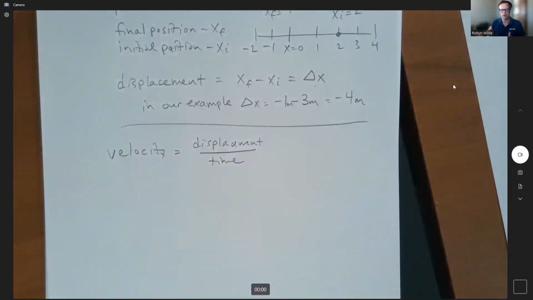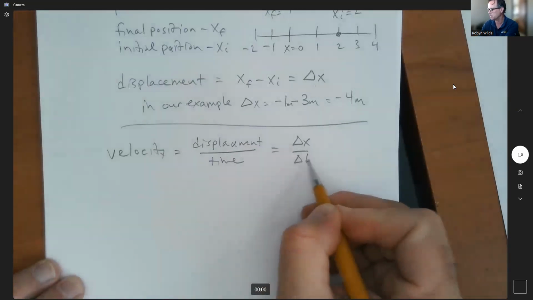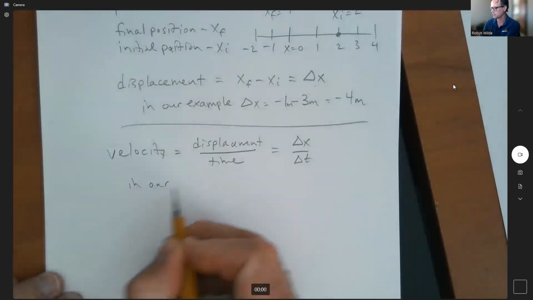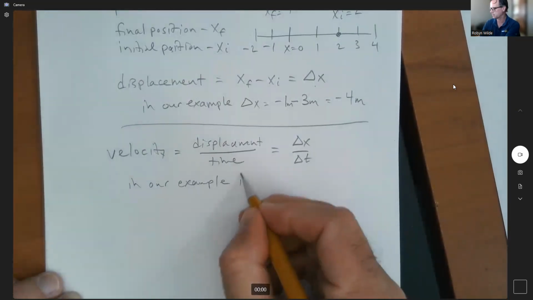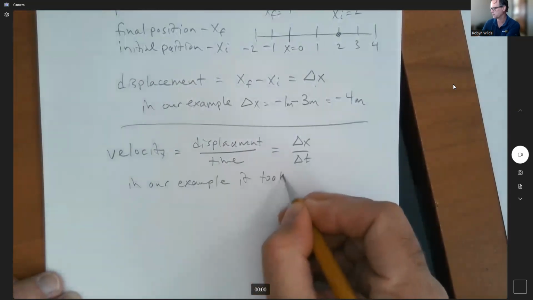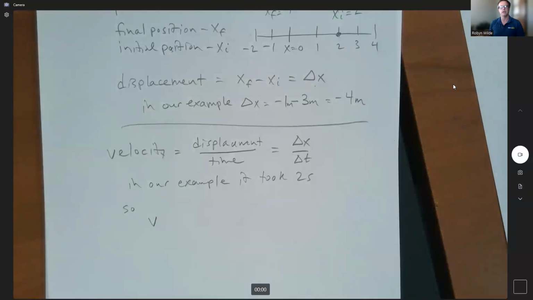And in our notation, I could use delta x over delta t. Right? So let's just say that in our example, it took us maybe 2 seconds to make that -4 meter displacement. So our velocity, we'll call it v, right?